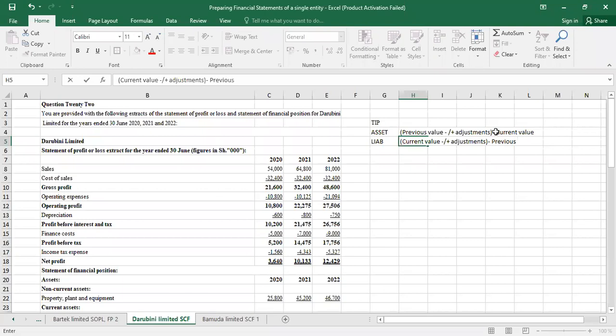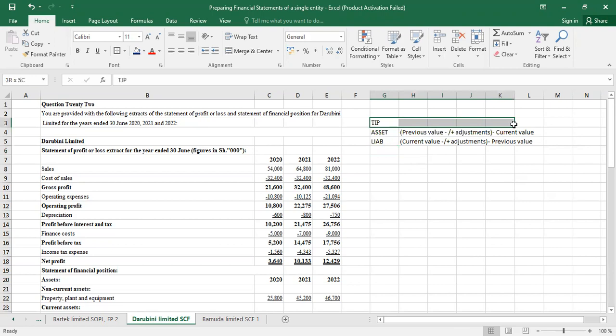Yes, previous value. Once you can use this tip, nothing will be hard for you in preparing the statement of cash flows, isn't it? So the question reads, maybe you can write this somewhere so that you'll see how we use it. Don't worry, and you can always chat if you have any question, isn't it?